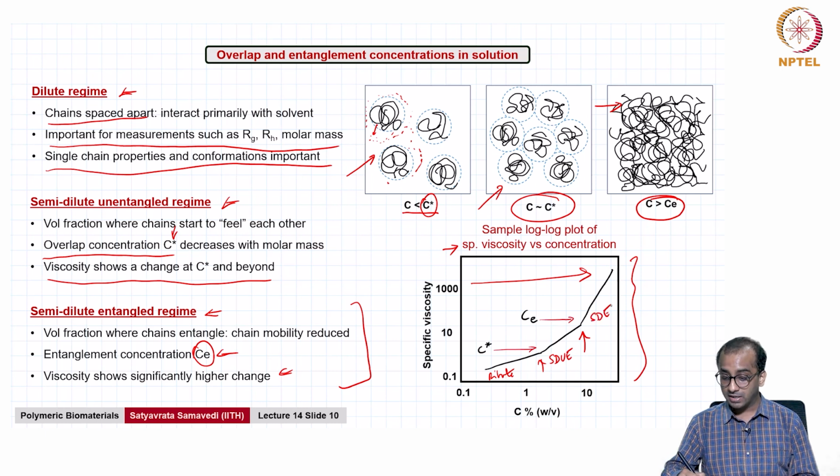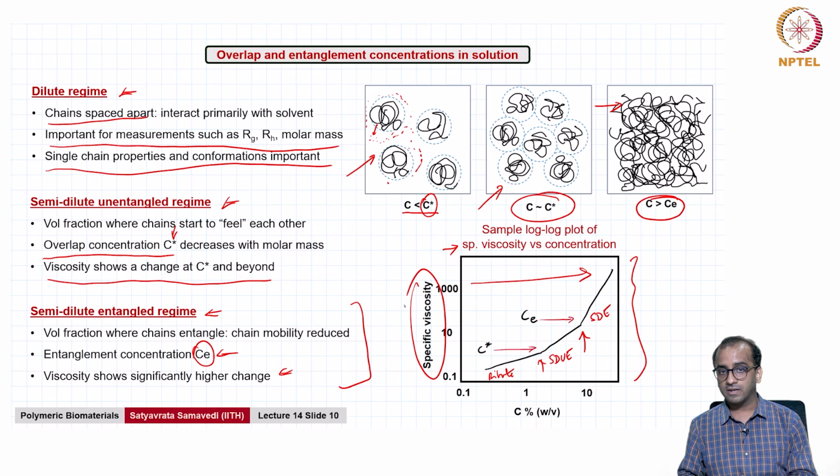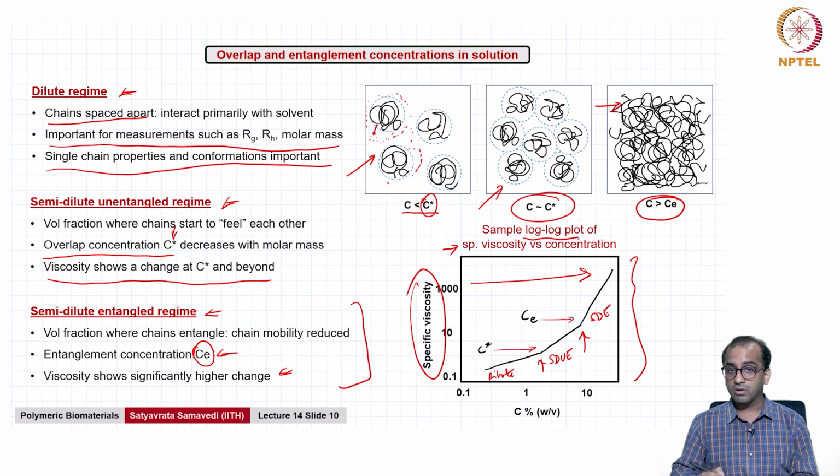And you see a change in the specific viscosity to different extents as you go through those transitions. Now, such a plot is shown for an example polymer, but there are two important ideas that you want to take away from this plot. The first thing is it's a log-log plot, so you will see many such plots in polymer physics, many of them plotted on a log-log scale.